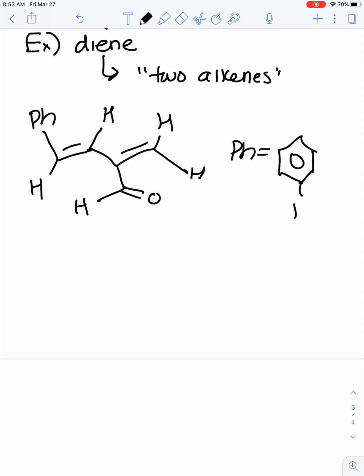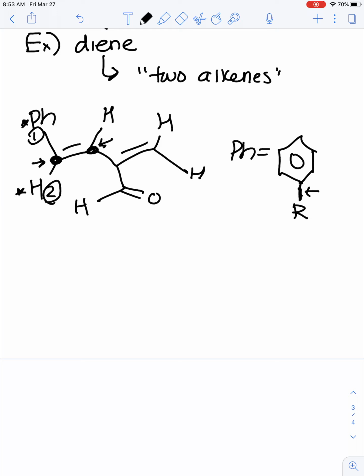It's going to look like this, and it just means it's attached to the chain right here. Let's look at this carbon versus this carbon. Looking at this carbon first, we have this phenyl and this hydrogen. The phenyl takes higher priority because it's a carbon versus a hydrogen.